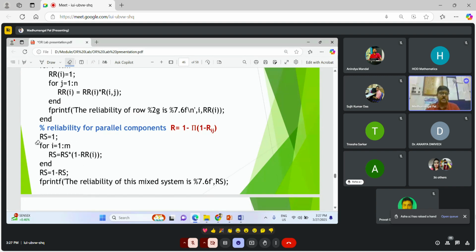Here in this for loop we have calculated the reliability of the parallel system. Rs is initialized as 1, and we find the product of the term 1 minus Ri. Finally, the reliability is Rs equal to 1 minus this product.